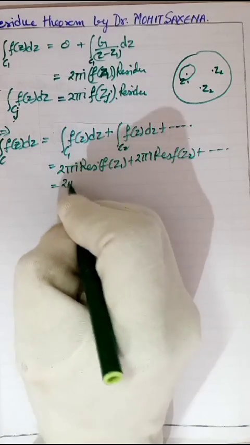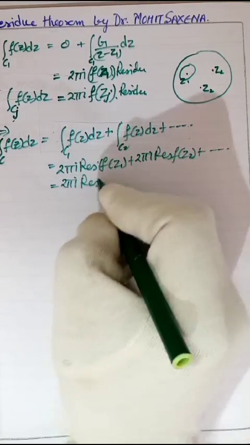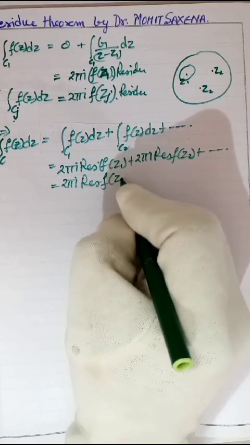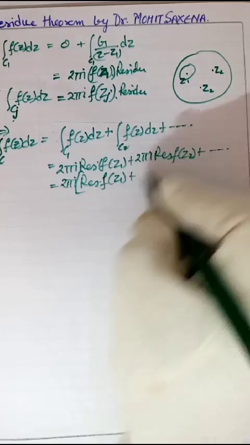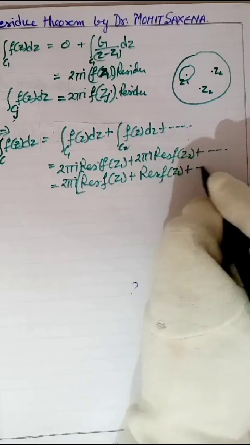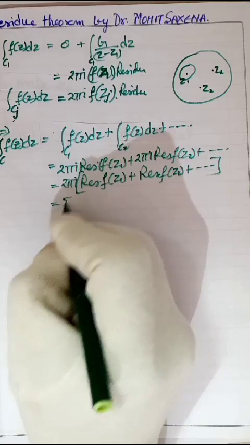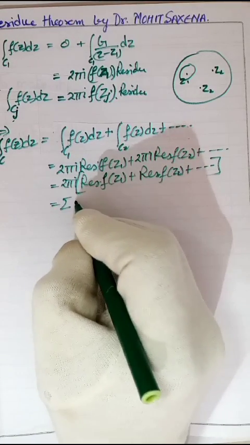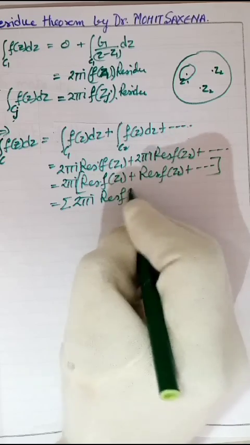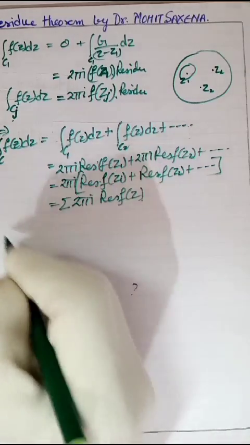This is equal to 2 pi i times the summation of all these residues, the residue at z1 plus the residue at z2 plus and so on. This can also be written as 2 pi i times the sum of the residues of f(z).